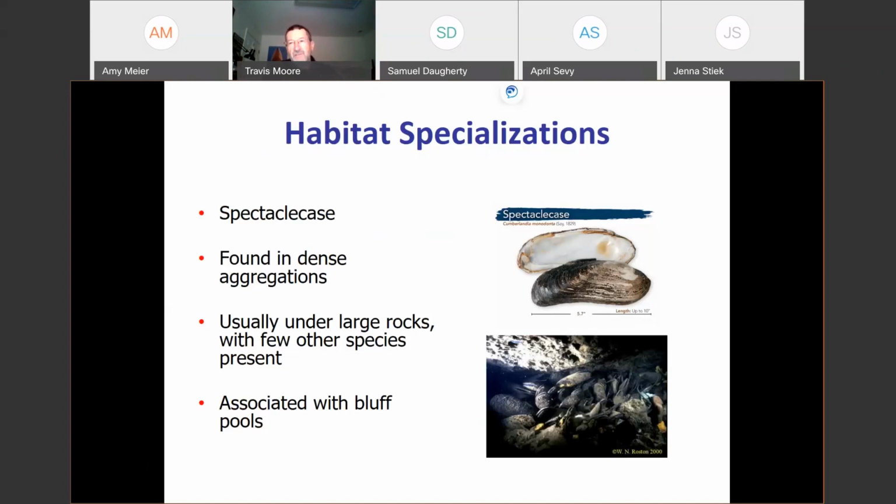They create a great spectral case habitat because the spectral cases will use those spaces in between the large rocks. I had it once described to me as like picking your mail out of a mailbox. And I've heard of some cases where divers that were doing work could reach into some of those rocky places and be all the way up to their shoulder and still be feeling many more mussels farther back up in there.